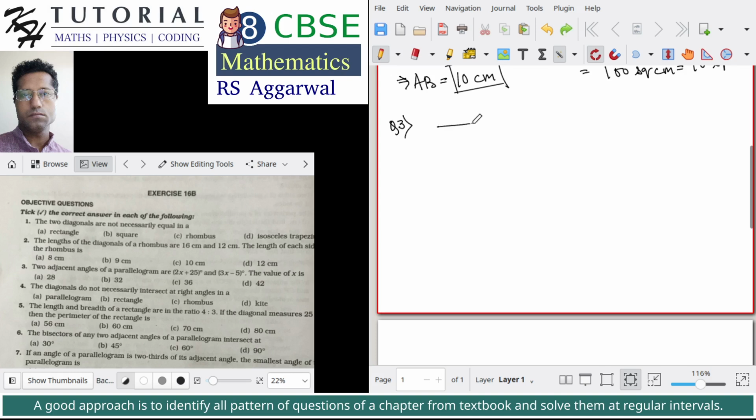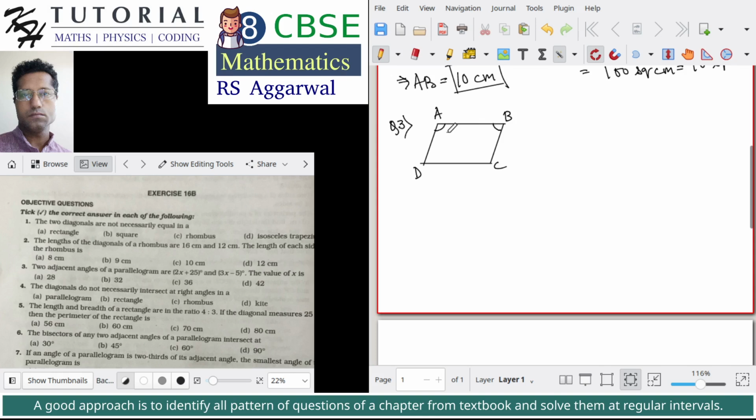If this is the parallelogram, in a parallelogram, the sum of any two adjacent angles, it can be A and B, B and C, C and D, or A and D, is always 180 degrees, that is, they are supplementary.